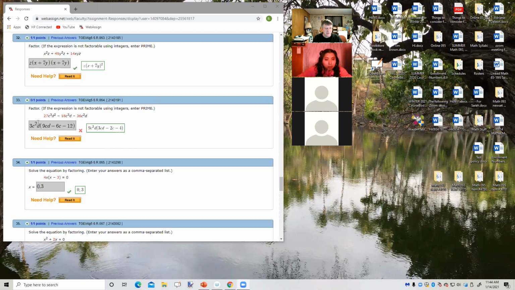So the greatest common factor is actually bigger than this. 9cd minus 6c minus 12. You could take out an additional 3. So what was taken out was a common factor, but it wasn't the greatest common factor. So let me write this down.